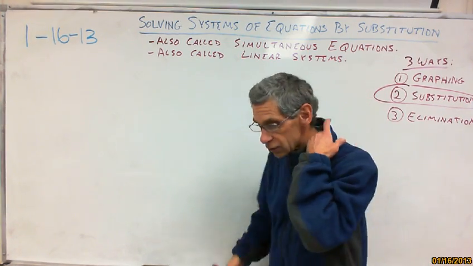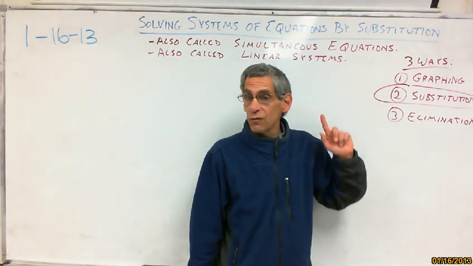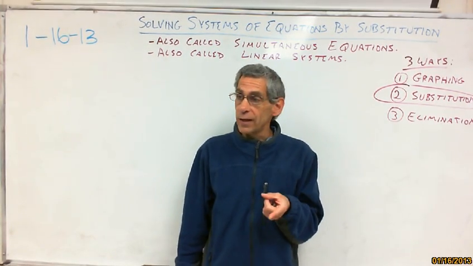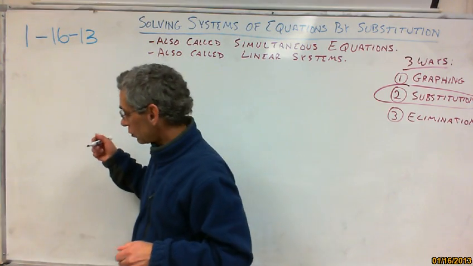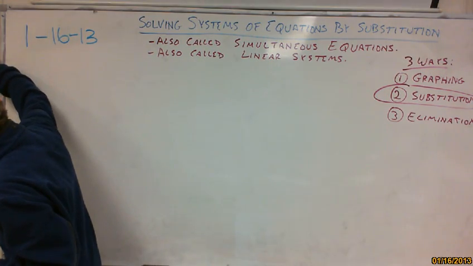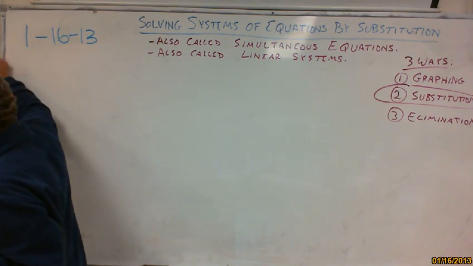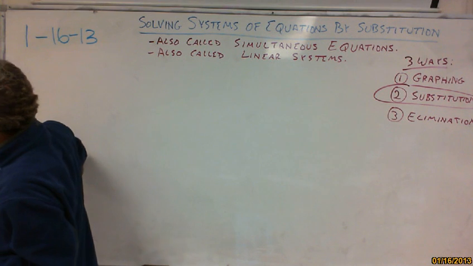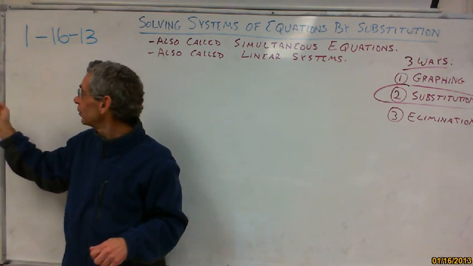So there is this really cool method we learned by doing graphing. So far, it's always worked. I've been nice to you. But sometimes the lines don't cross right on a corner. Instead they cross somewhere in the middle, and who the heck knows what point that is, right? There are an infinite number of possibilities.